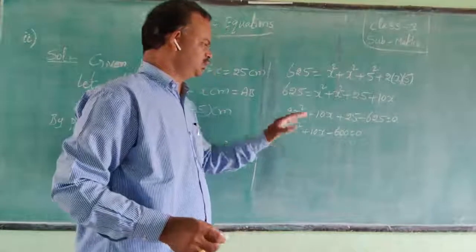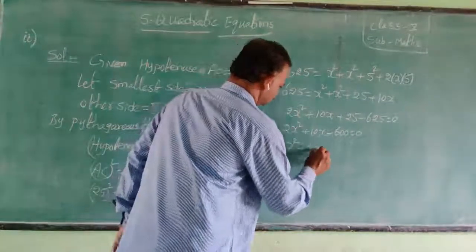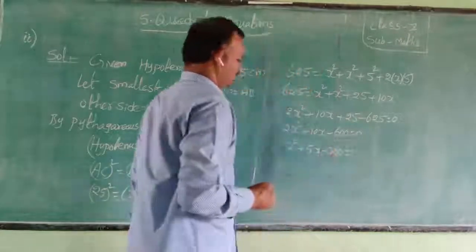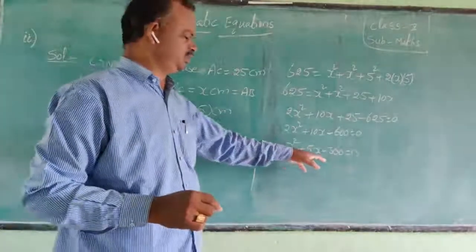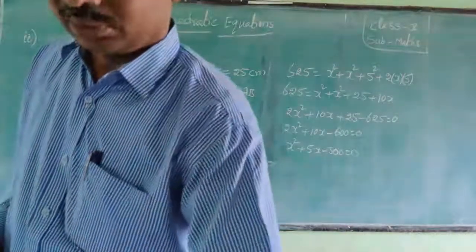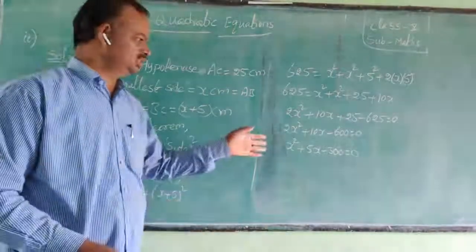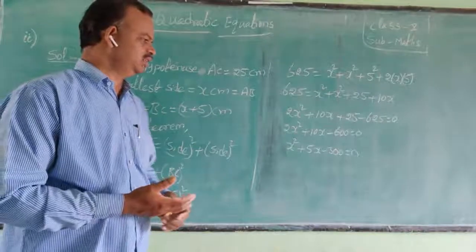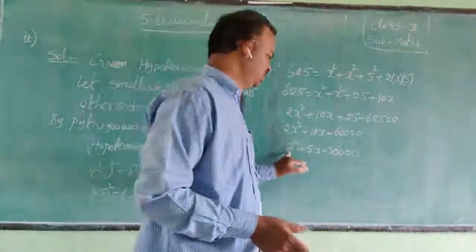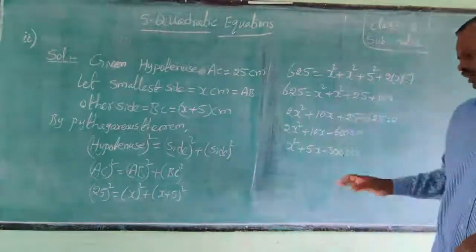Now we cancel with 2. X square plus 5x minus 300 is equal to 0. This is the required quadratic equation.